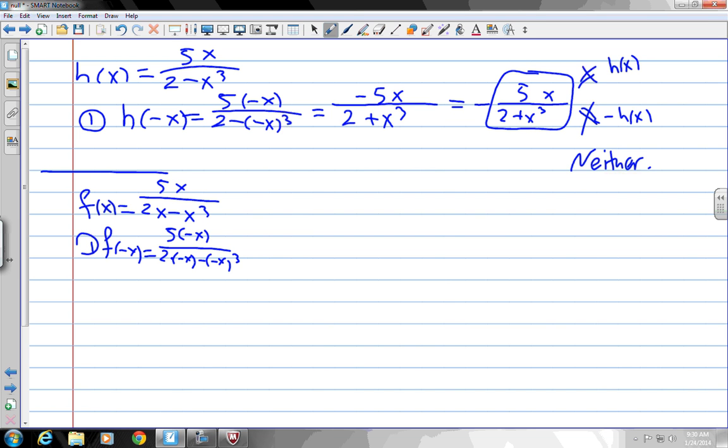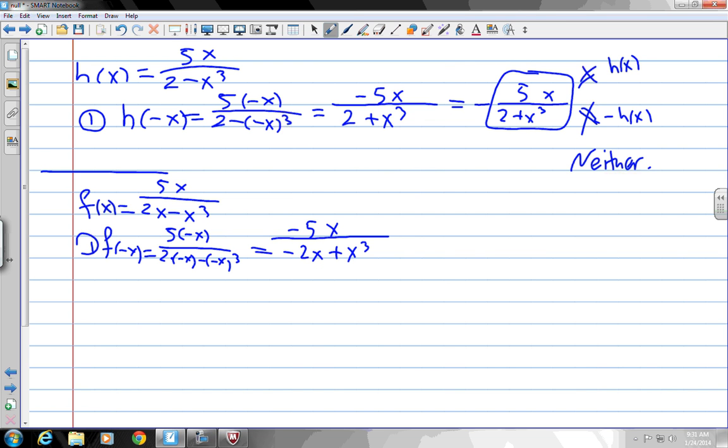Just put negative x for every x. Now if I simplify this, this is negative 5x over negative 2x plus x cubed. It looks like a big mess right now. But you see how every single sign changed in the numerator, and every single sign changed in the denominator?